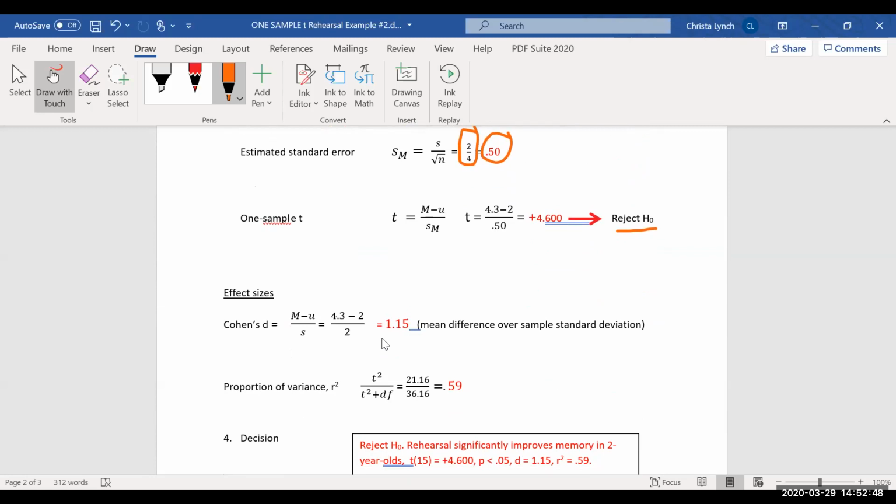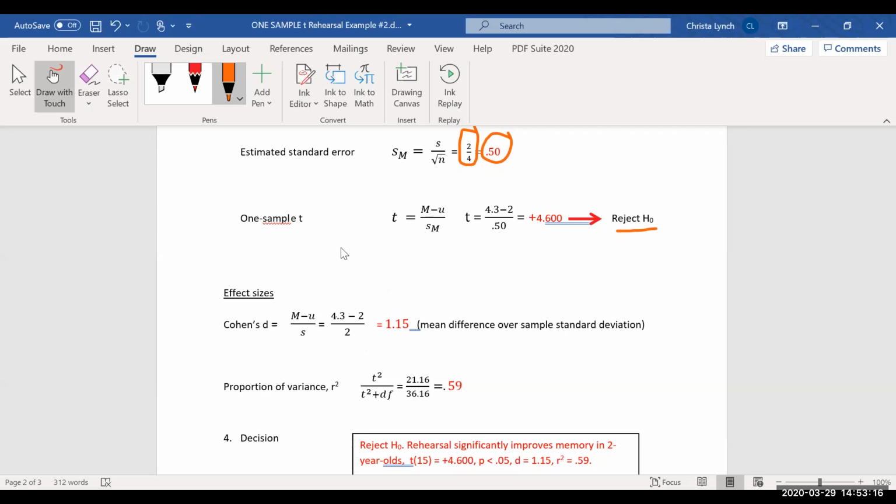Okay, so I didn't do all of the calculations here in between. I know that you can do it in your head. If you need your calculator, that's fine. But 4.3 minus 2 is 2.3. 2.3 divided by 0.5. Oops, where was that at? Sorry, here we have 2.3 divided by 0.5 is 4.600.